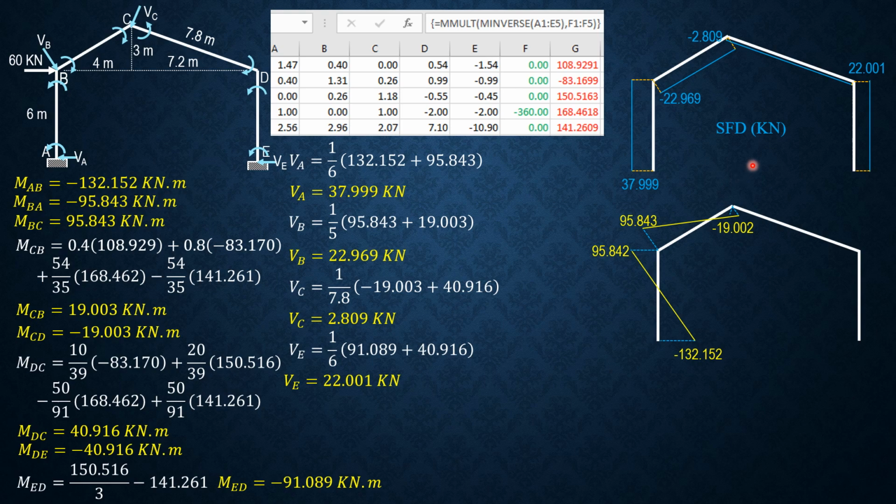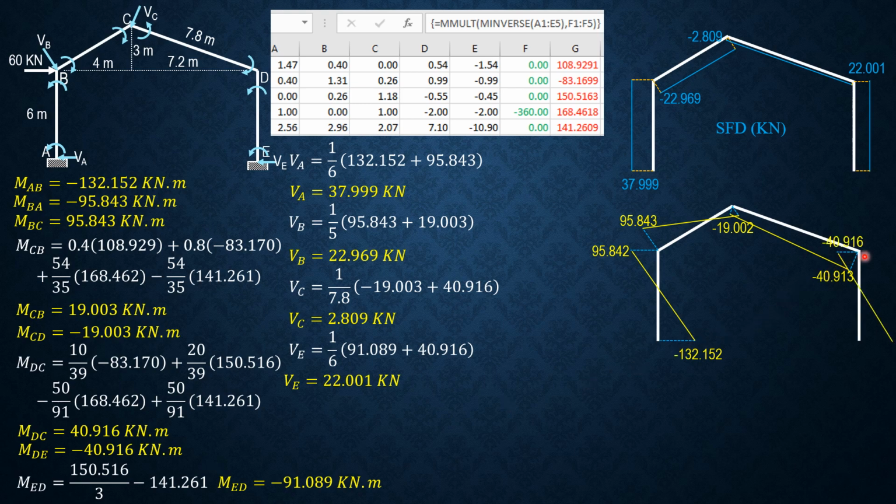Then negative 19.002 minus 2.809 times 7.8. Remember, this is 7.8. Then we'll have here negative 40.913. The expected value is 40.916, so that's fine.